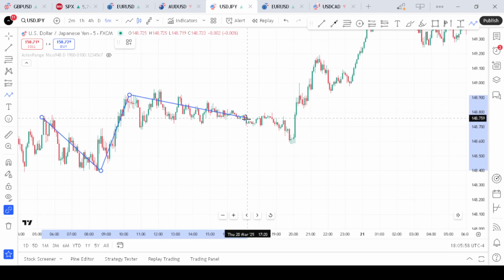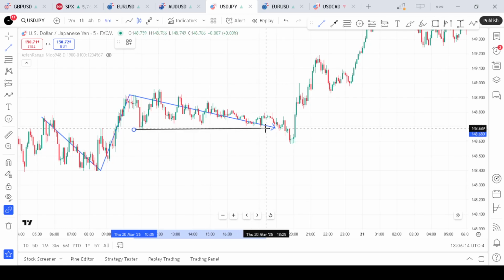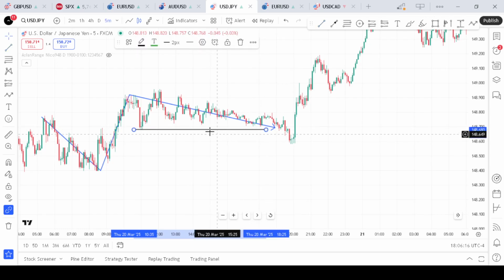Now the Asian session will start at exactly 7 p.m. So by 7 p.m., this is when our Asian session will start, and I can see that there is a lot of liquidity being created here during our previous New York session.